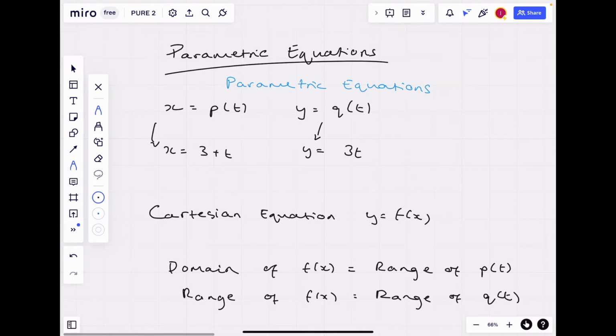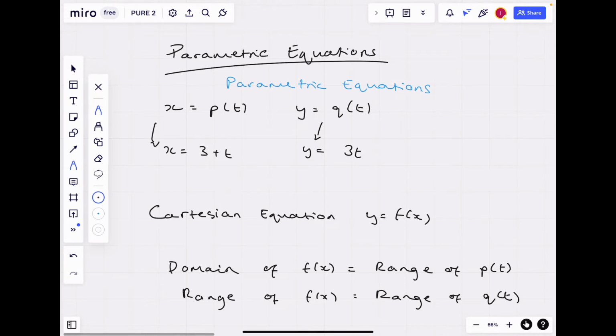You have to know that because they're going to ask you to put something in Cartesian form, and then ask for the domain and range. But that is parametrics.